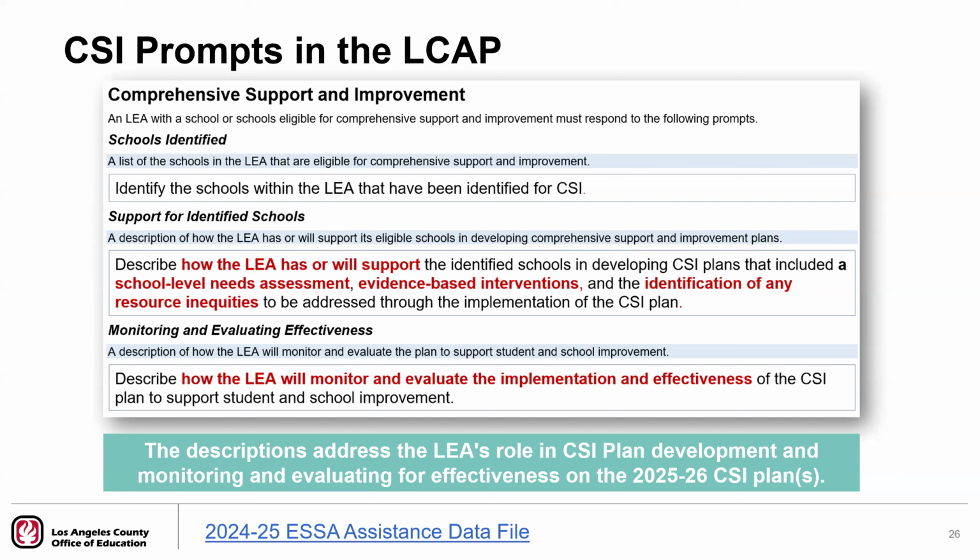And so for the first CSI prompt, LEAs will need to provide the names of the schools identified for CSI. In the second prompt, LEAs must describe how they have or will support the CSI school in developing their CSI plan, including how the LEA has or will support the CSI school with conducting a school-level needs assessment and data analysis, also identifying evidence-based interventions, and identifying any resource inequities to be addressed through the plan for the 25-26 school year.